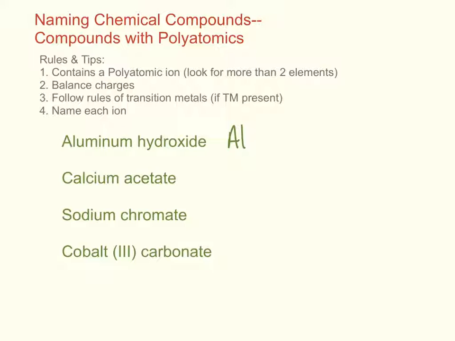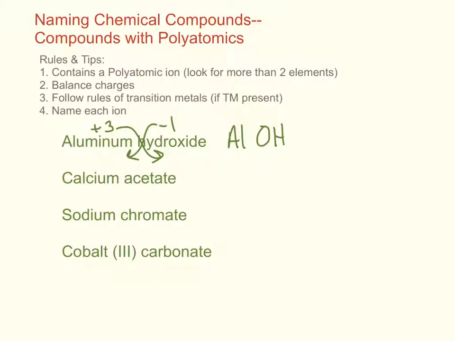So I have aluminum, and I look at the back of my periodic table, and hydroxide is an OH. So I find my charges. My aluminum has a +3 charge, and my hydroxide has a -1 charge. So to balance this out, so I have a neutrally charged molecule, I'm going to swap and drop.